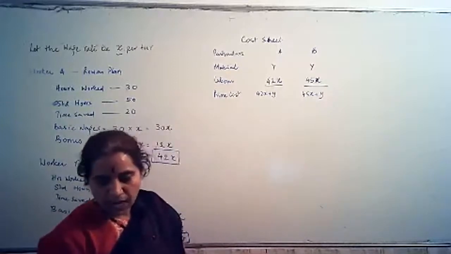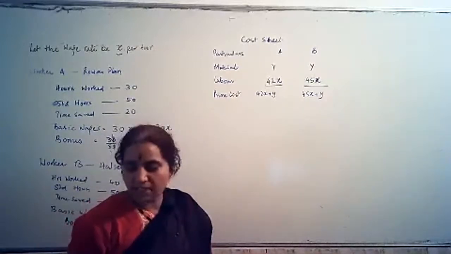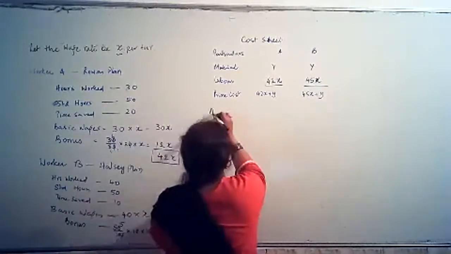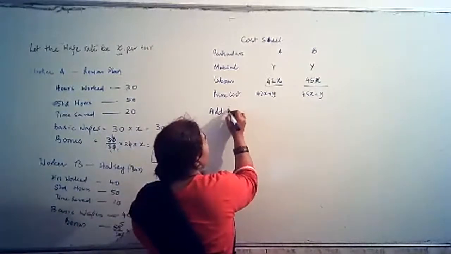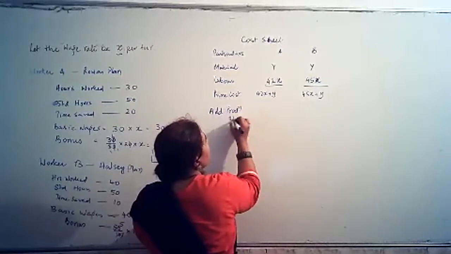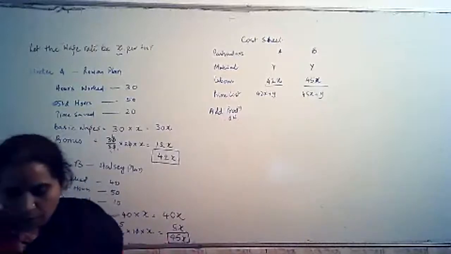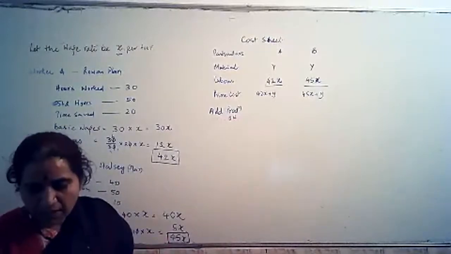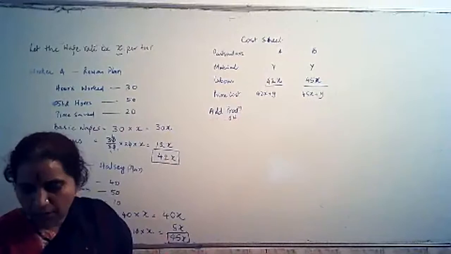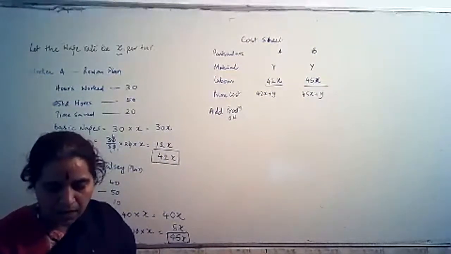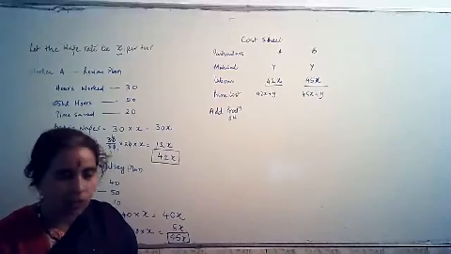Next, I need to find out how much is the production overhead. Add production overhead. They have given the production factory overhead rate: 5 per person hour actually worked.